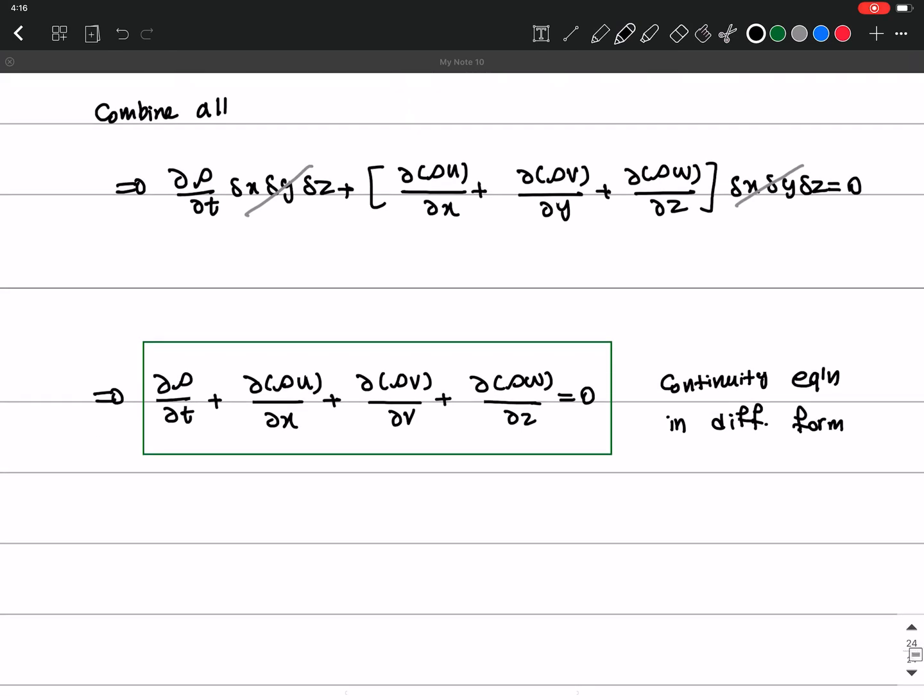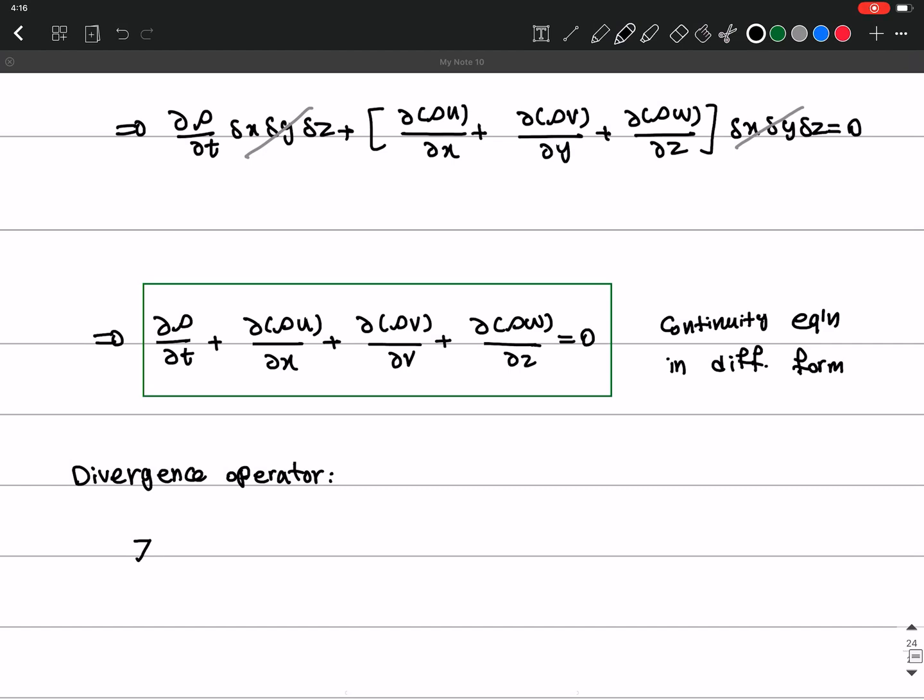Okay, so if you remember from your calculus, the divergence operator was defined as follows. A divergence operator was something like this: grad dot of any variable, and what it was giving us was partial over partial x of that variable plus partial over partial y of that variable plus partial over partial z of that variable.